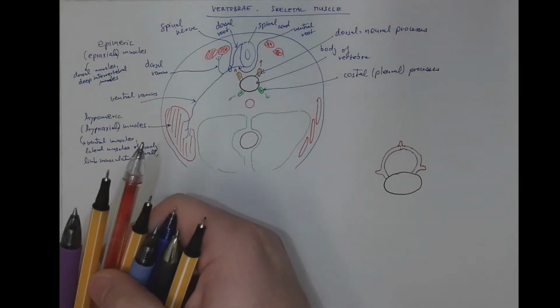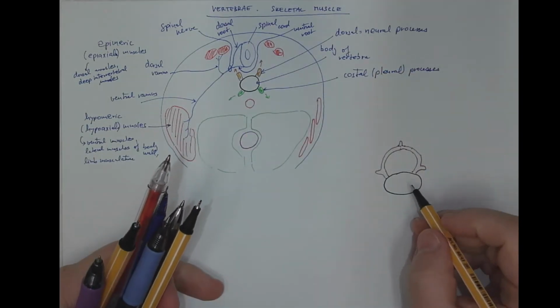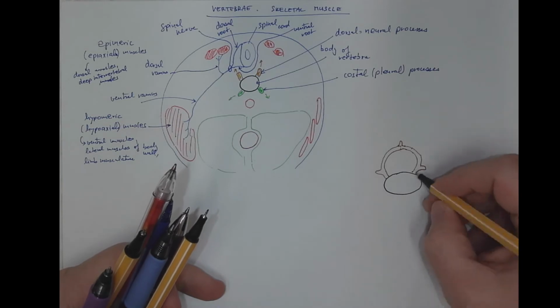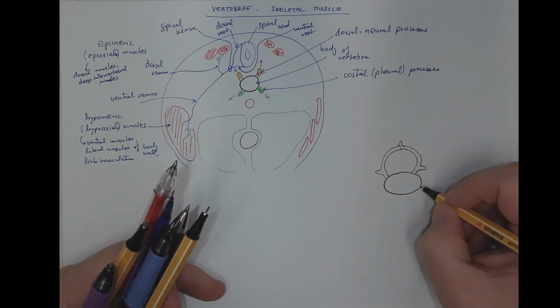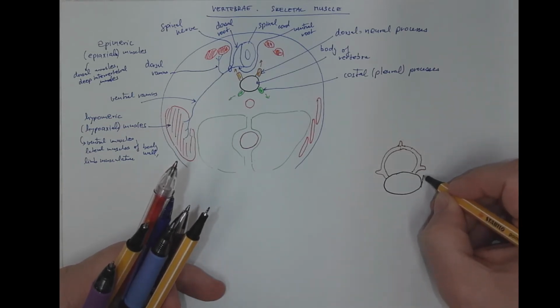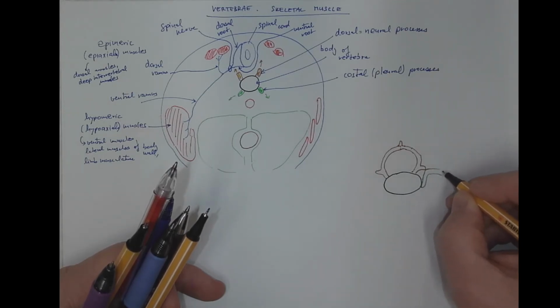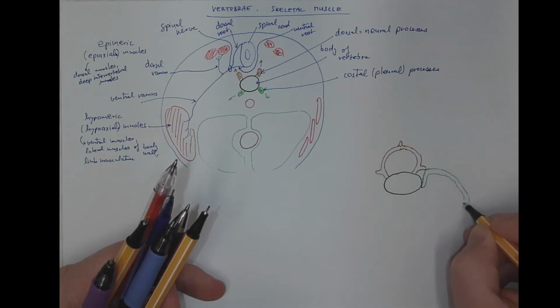While the costal processes in the thoracic vertebra really grow pretty much, and they will form the ribs. They will grow around the thorax in this direction.